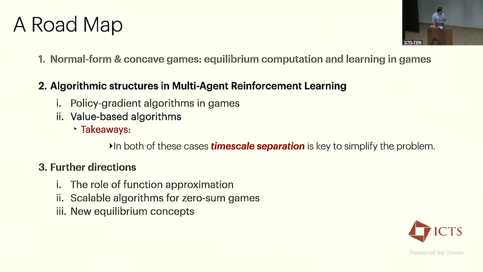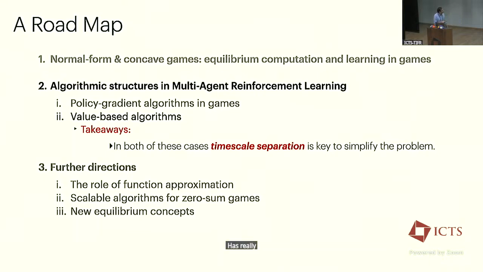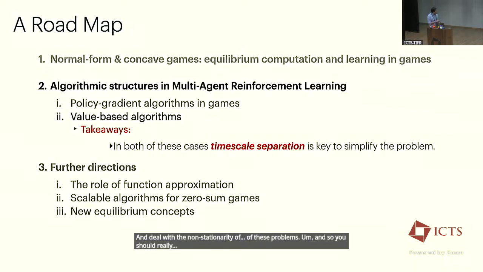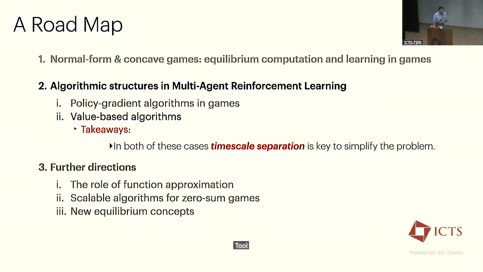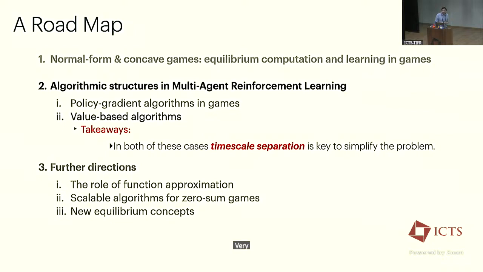But the takeaway, at least to me, is that the real tool and the real unifying idea behind most of the algorithms in this field has been to use timescale separation to simplify the problem and deal with the non-stationarity of these problems. So you should really think of this as maybe the key tool and idea in this field, algorithmically, right? Because it basically allows us to stabilize learning and prove convergence in a very structured way.